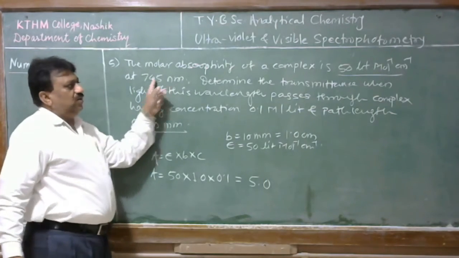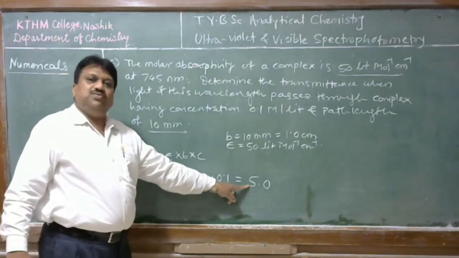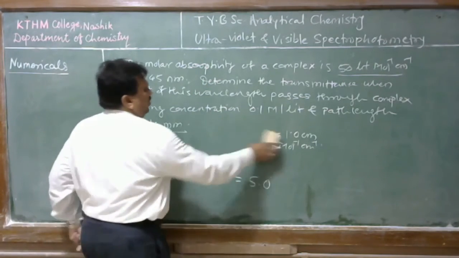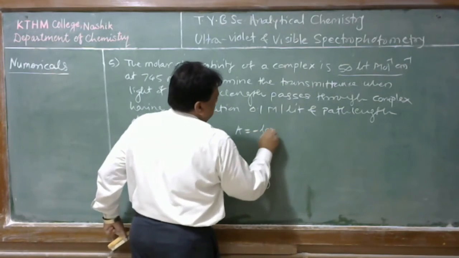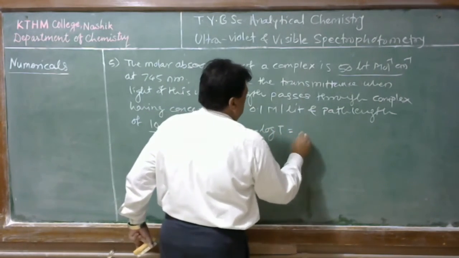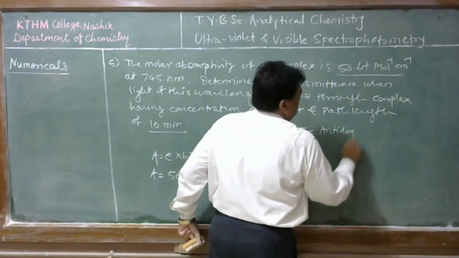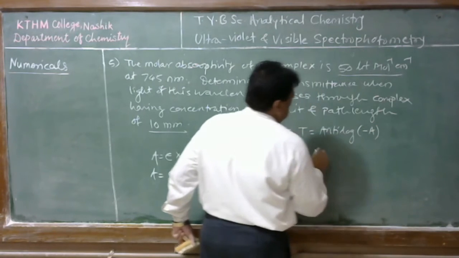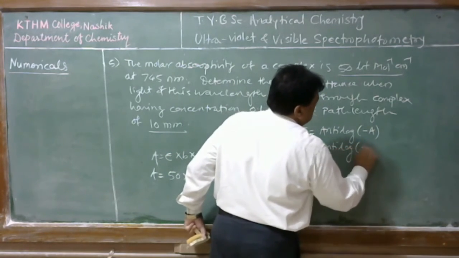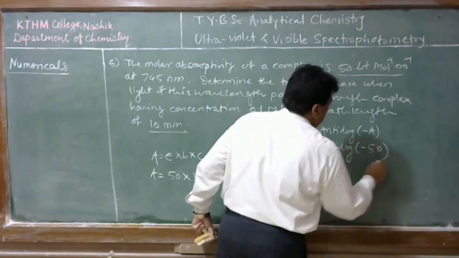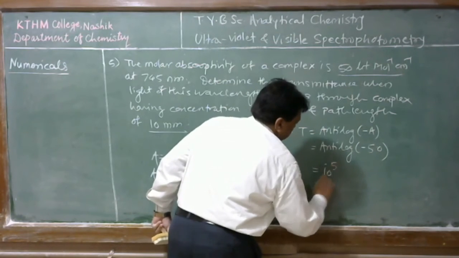We have to find out the transmittance. Therefore, this value of absorbance we can utilize for calculation of transmittance. A is equal to minus log T. Therefore, T is equal to antilog of minus A. And here, antilog of minus 5.0 is equal to 10 raised to minus 5.